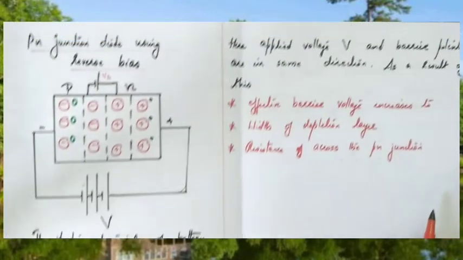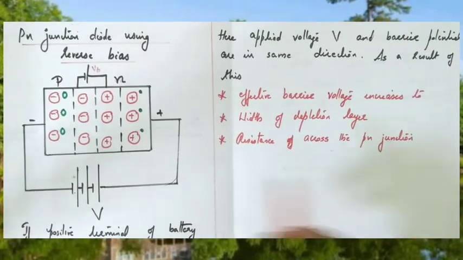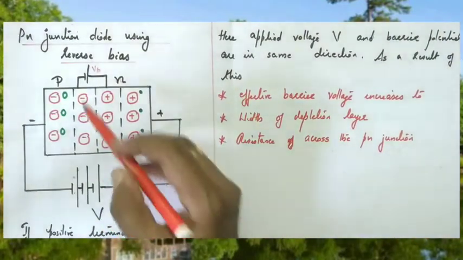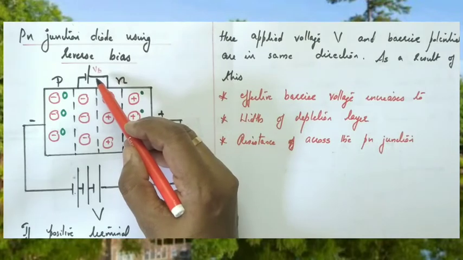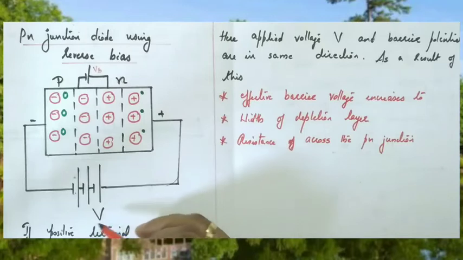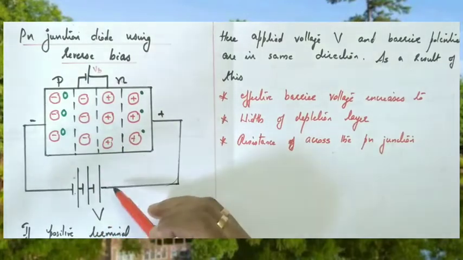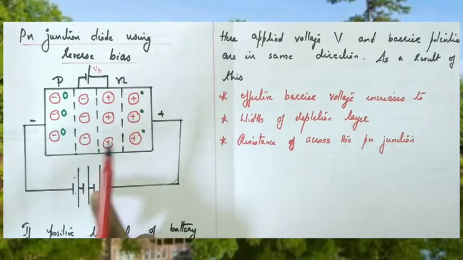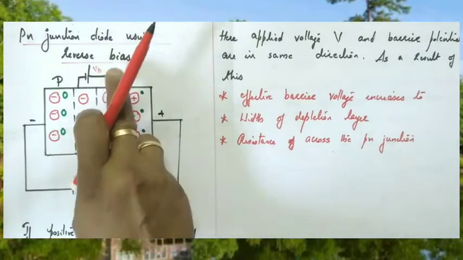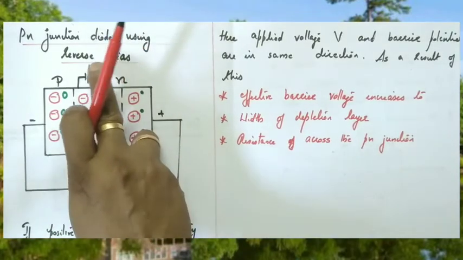Now, here this is the applied voltage V, and here the voltage is called the barrier voltage, the barrier potential, the potential at the junction. Here the barrier potential and applied voltage are in the same direction. The electric field is from positive to negative towards left, and here also the electric field is from positive to negative towards left.